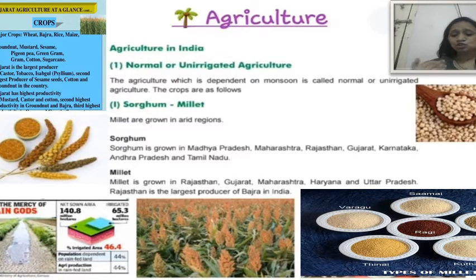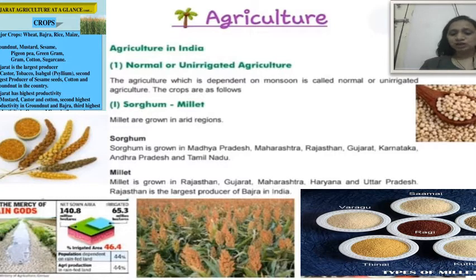And such crops are sorghum and millet. Sorghum is a type of millet only. Somewhere it is known by the name of ragi, somewhere we call it bajra. Okay, so sorghum is a type of millet. Sorghum is grown in Madhya Pradesh, Maharashtra, Rajasthan, Gujarat, Karnataka, Andhra Pradesh and Tamil Nadu.